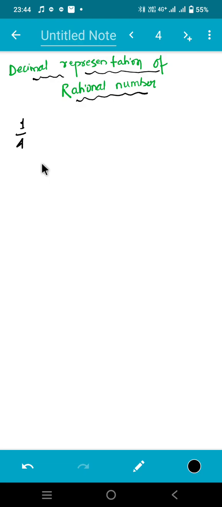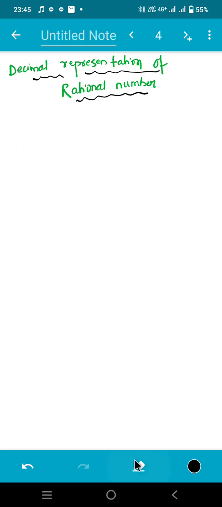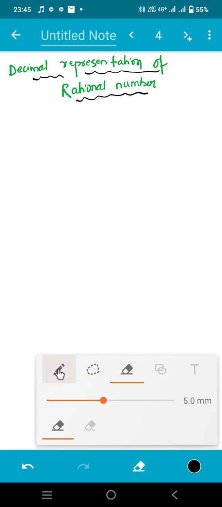But when you see that you're not getting 0 as a remainder, that particular rational number will be called a non-terminating decimal. So when we talk about decimal representation of a rational number, we'll first try to see what is terminating and non-terminating. Let me write this first.